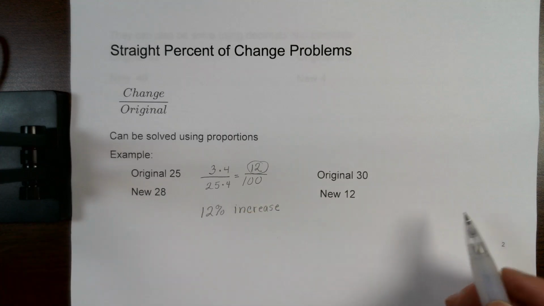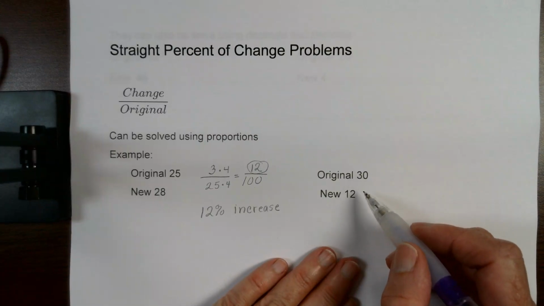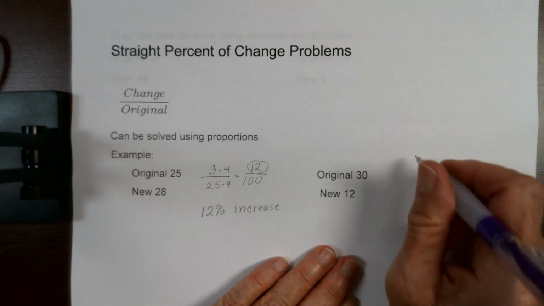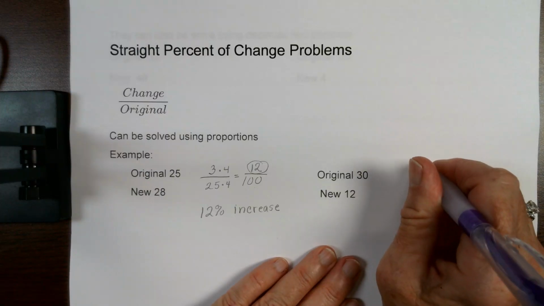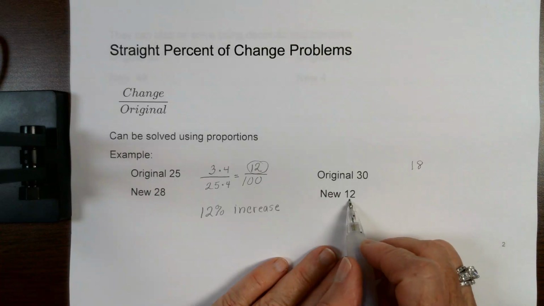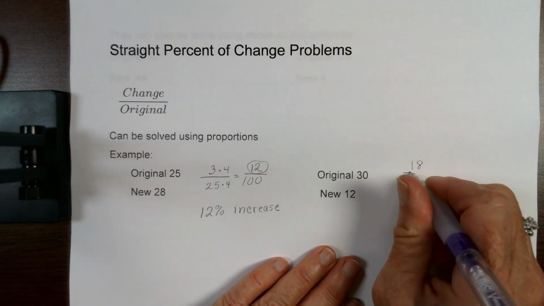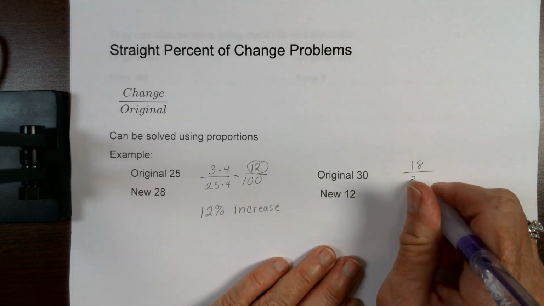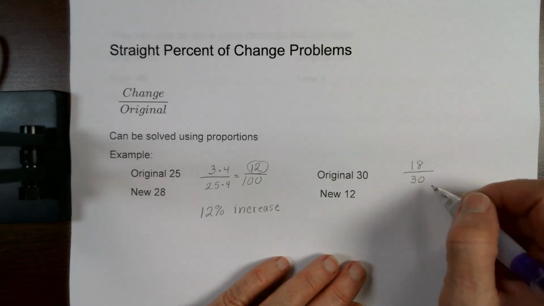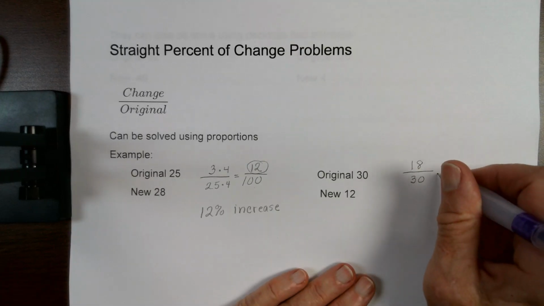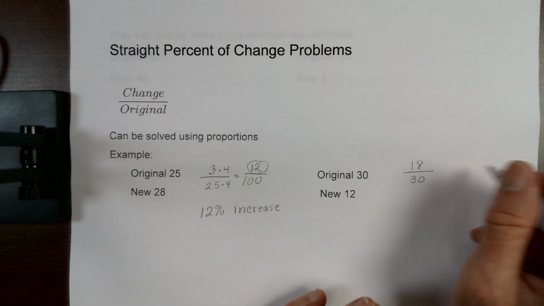If I look at this one, again, remember, it's the difference between those. So I have an 18 on the top, because 30 minus 12 is 18, over the original, which is 30. You do it that way every time. Now this one's going to be a little bit more difficult because I can't make that into, well, actually I could.